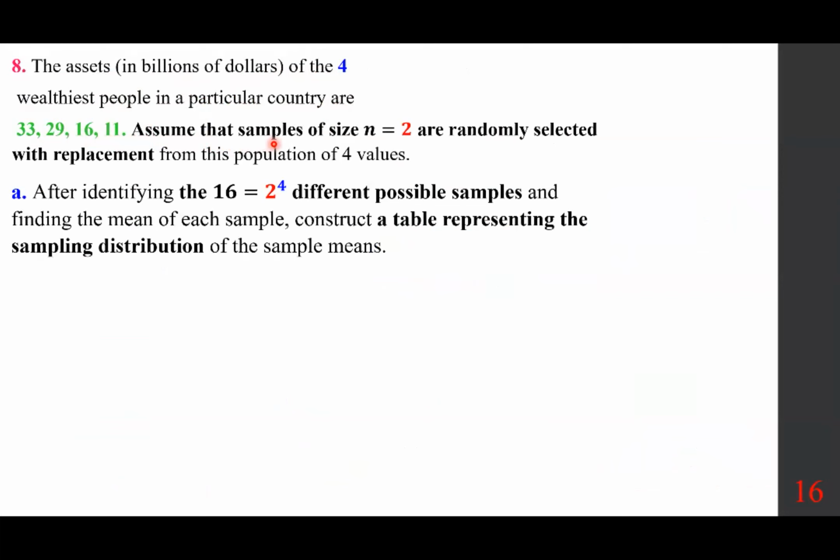Assume that samples of size n equal 2 are randomly selected with replacement from this population of 4 values. A. After identifying the 16 equals 2 to the 4th power different possible samples, and finding the mean of each sample, construct a table representing the sampling distribution of the sample means.